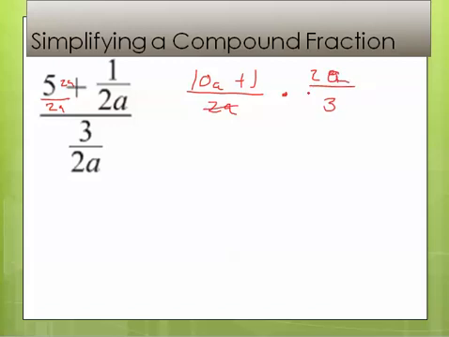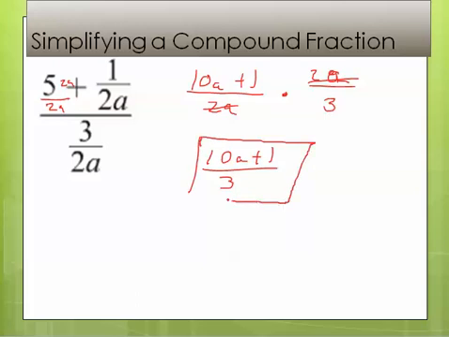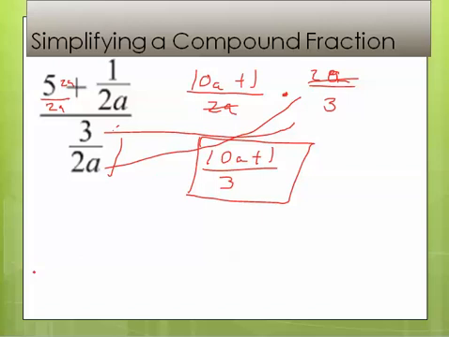My 2a's are going to cancel out, and I'm going to be left with 10a plus 1 over 3. Final answer. You guys see what I'm doing with this denominator here? This inverted. The 3 became the denominator, the 2a went into the numerator, and I multiplied. Okay?